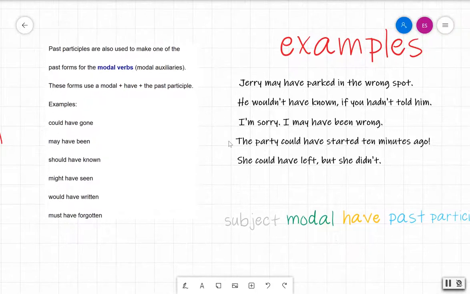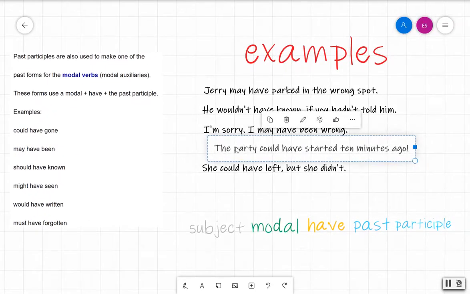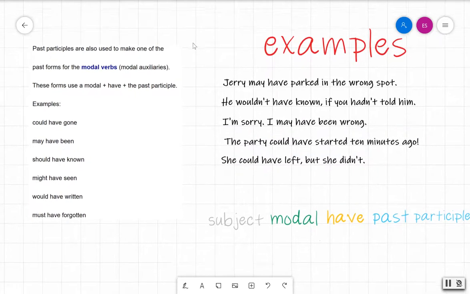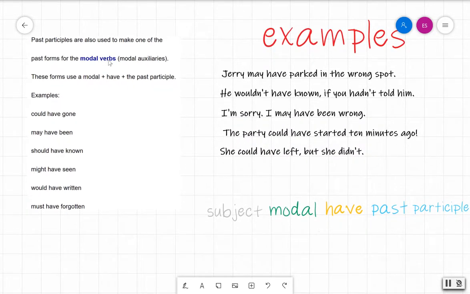And so now I want to talk to you about how you can use past participles to make the past forms for modal verbs. So when you use the modal verb with the word have and the past participle, it creates the modal verb in the past tense.